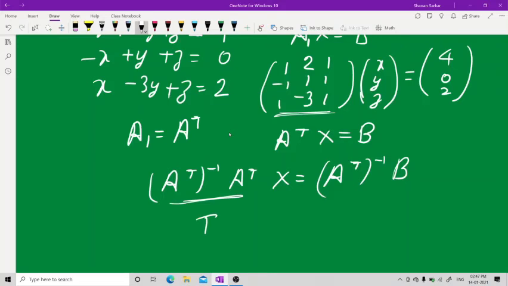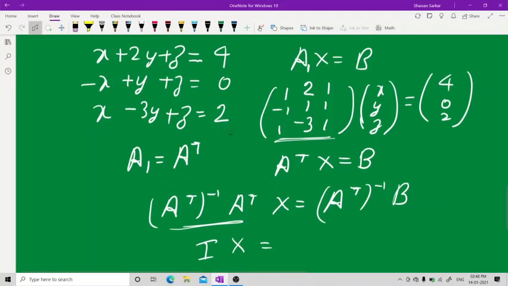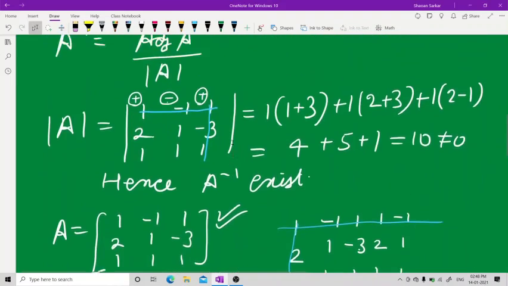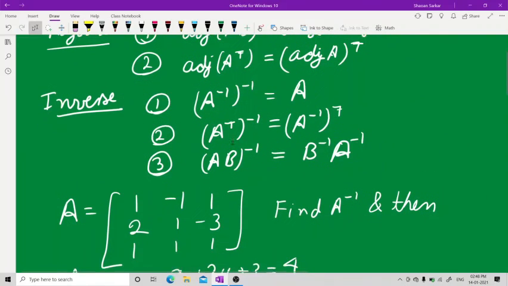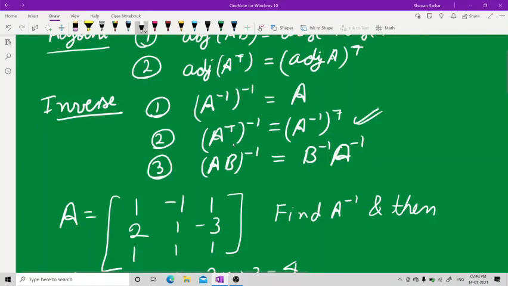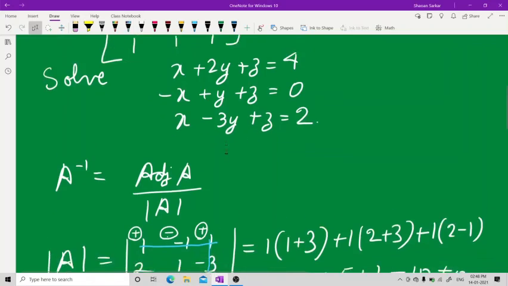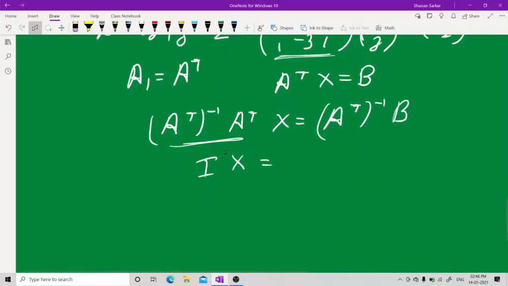So identity into X, and using the second property of inverse, this can be written as A inverse transpose, whole transpose B. So X comes out to be, you have found A inverse already, and take the transpose of that.